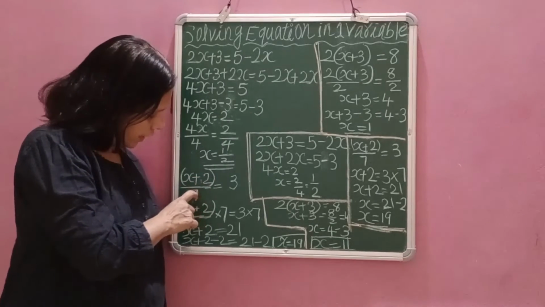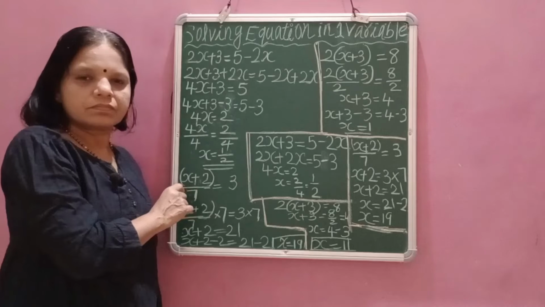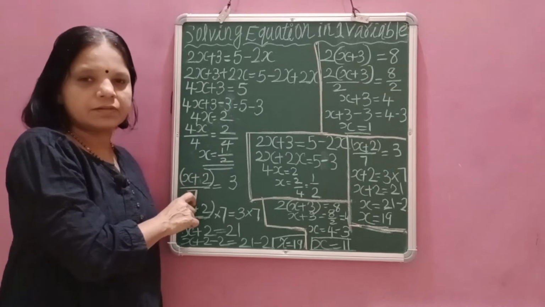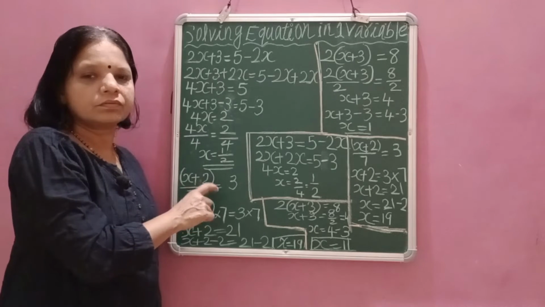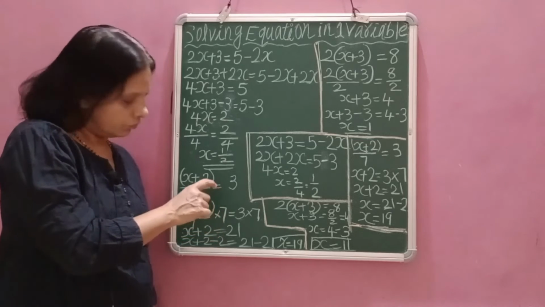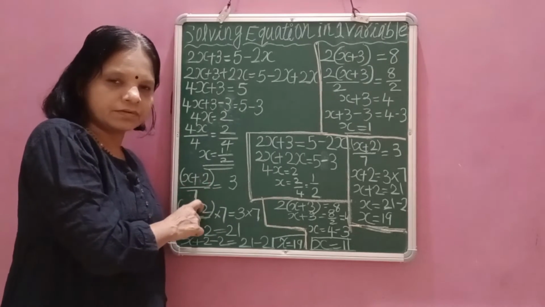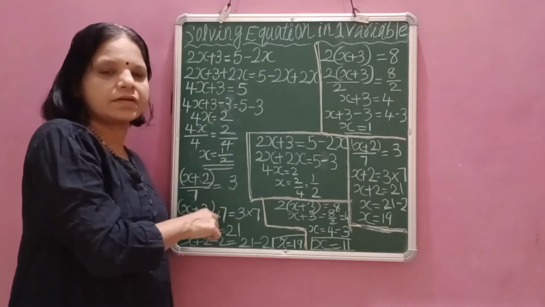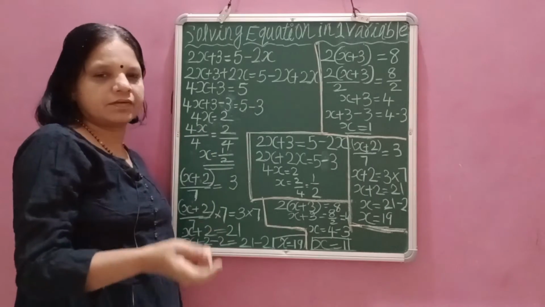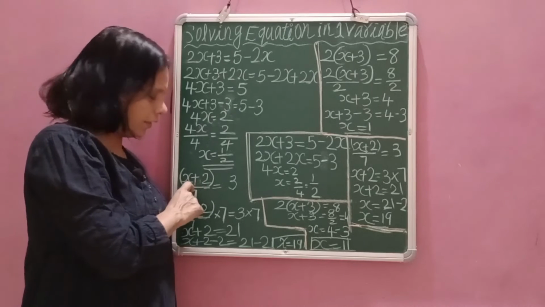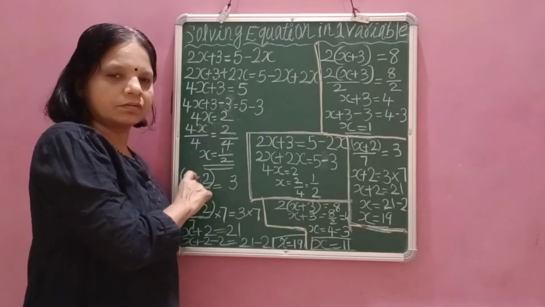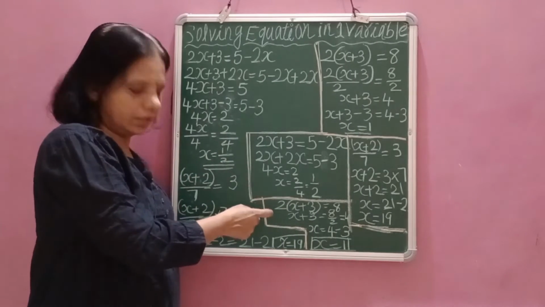You have to cancel the division by 7 first. So divided by 7 is cancelled by multiplying by 7. So you have to multiply by 7 on both the sides of the equation.